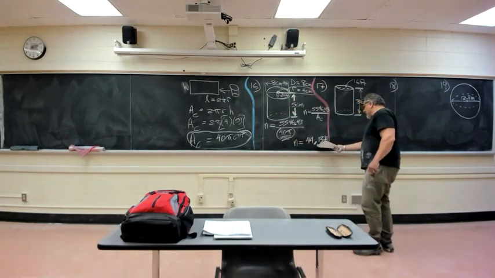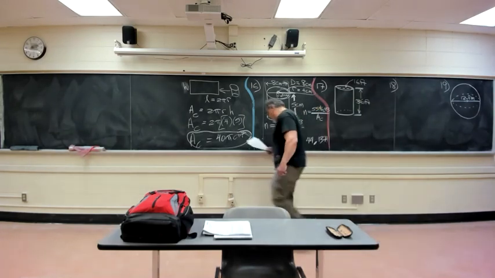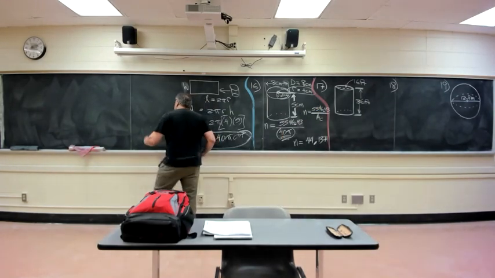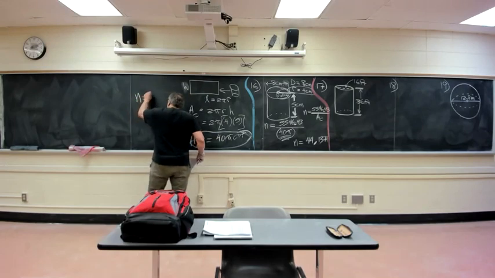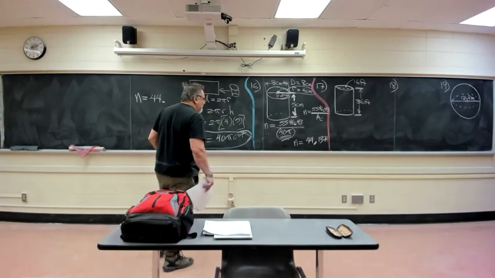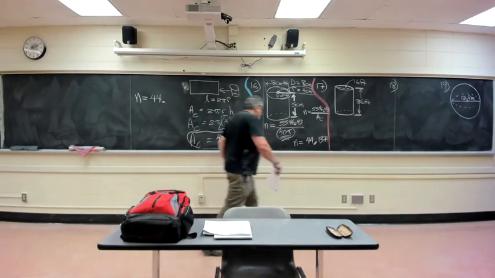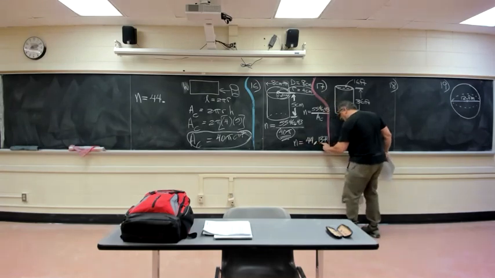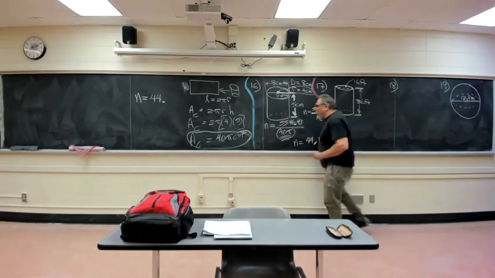I mean, we're not there yet. They said round it. So N is 44.1371. The hundredths place right here, it goes up to a 4.